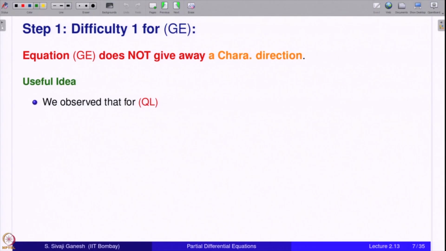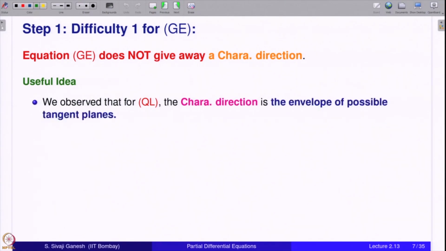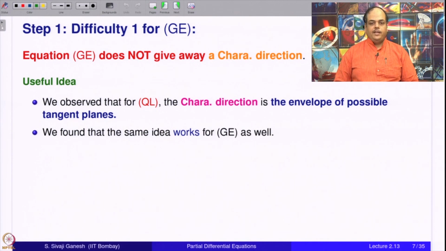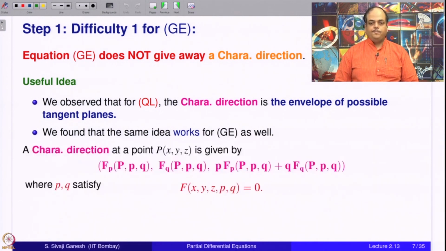So, a usual idea: we observed that for quasi-linear equations the characteristic direction is the envelope of possible tangent planes. In fact, the envelope of the possible tangent planes is a straight line which has the characteristic direction. So, we found that the same idea works for GE as well.